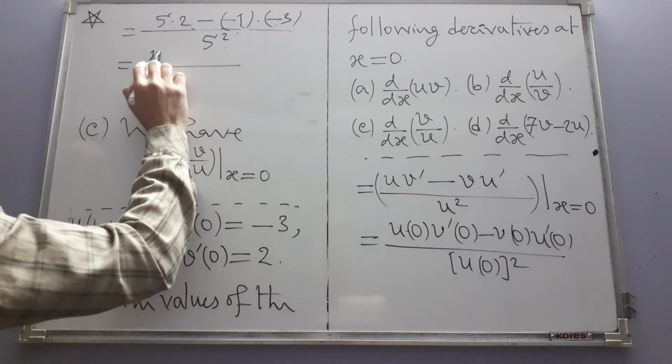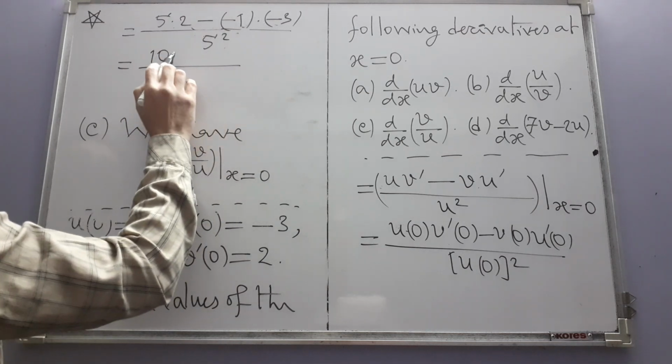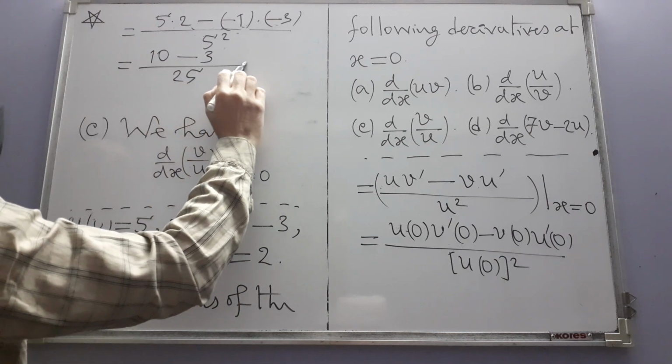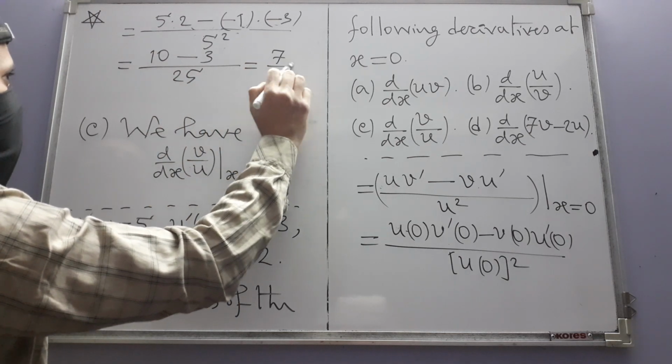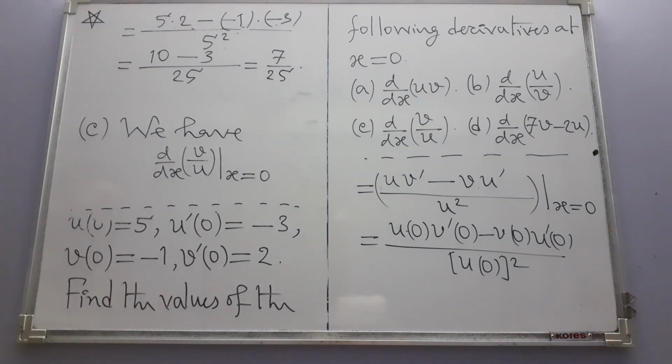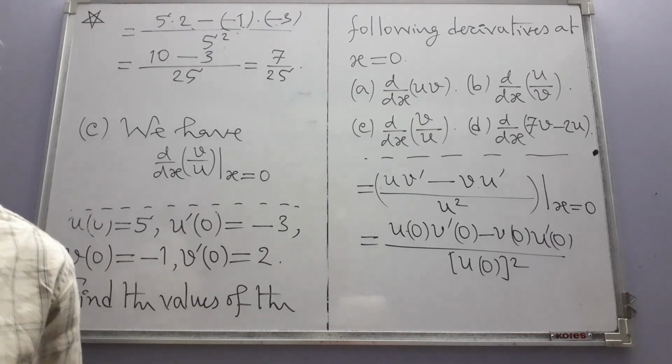Okay, so minus minus means minus 3 divided by 25. So this is 7 divided by 25. And then D.